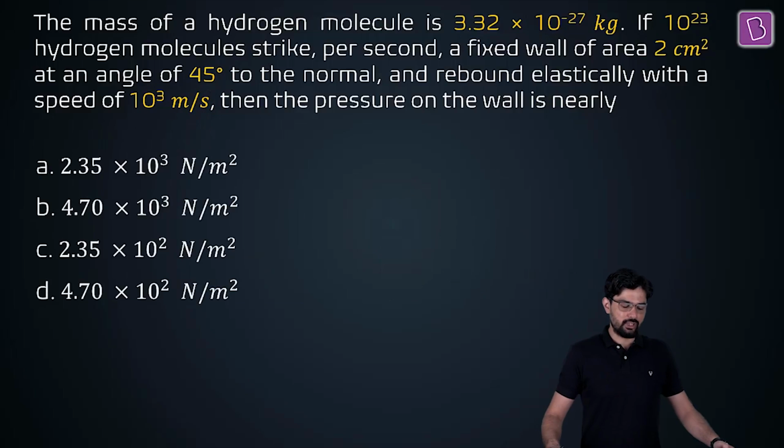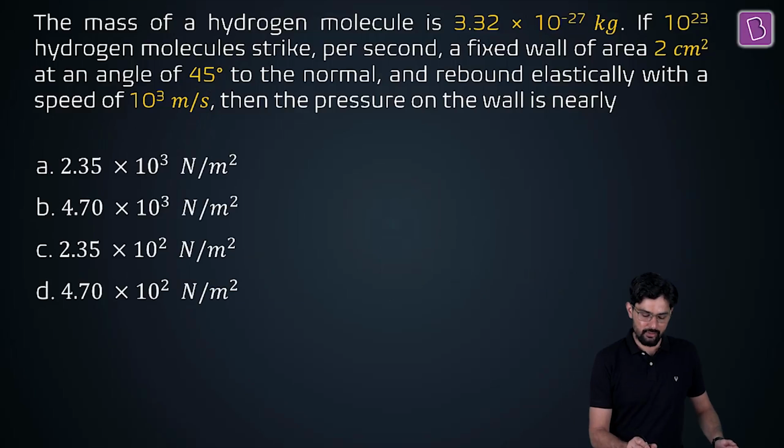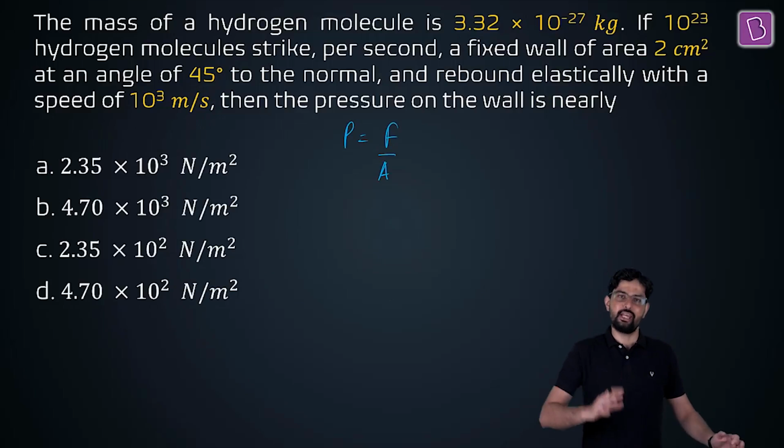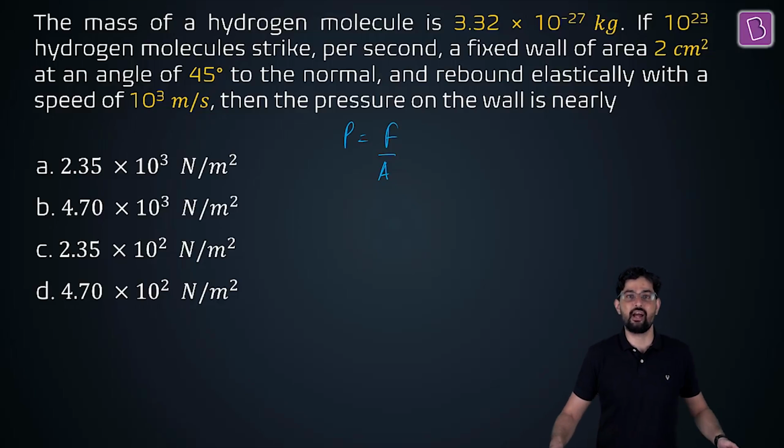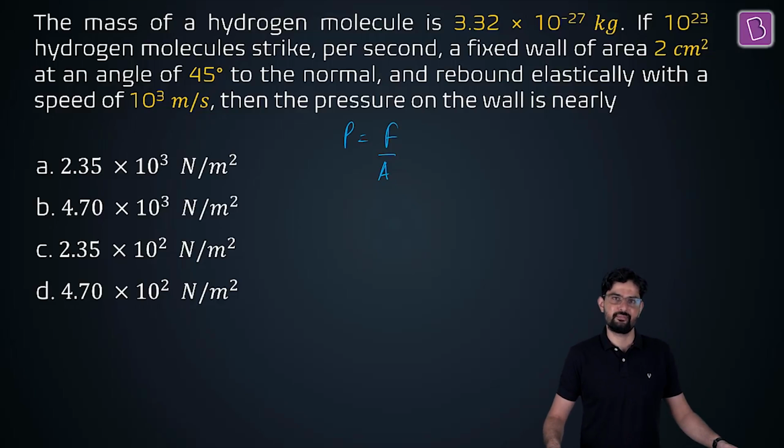So to find out the pressure, we know that pressure is force per unit area. We know the area. All we have to do is find out the force, which we can find by finding the change in linear momentum of the molecules in each second, right?